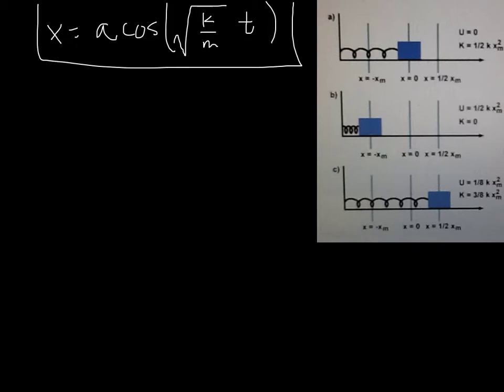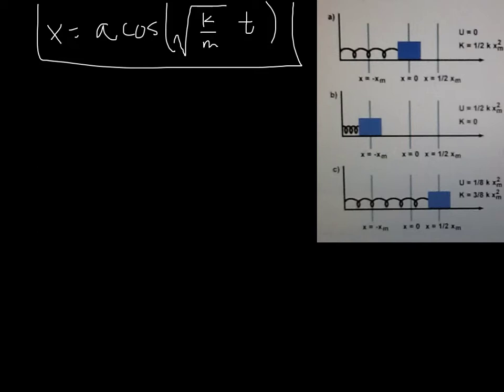So now let's talk specifically about simple harmonic motion. What we really need to know is the period of the motion. The period means the time taken to repeat the pattern once.